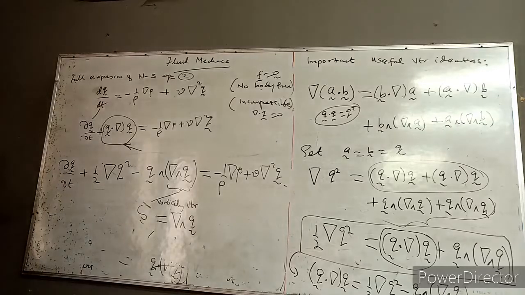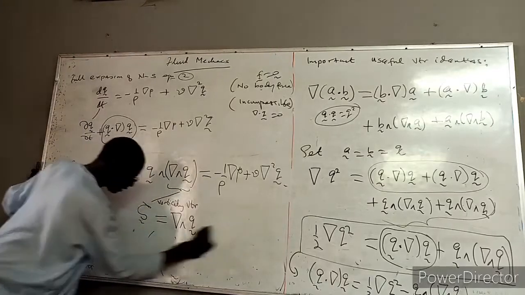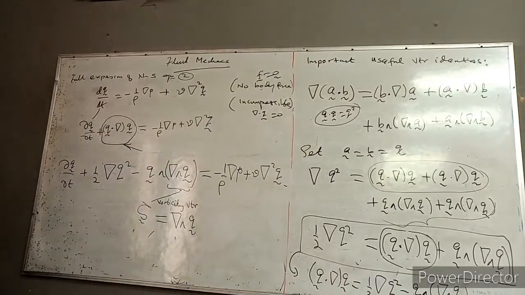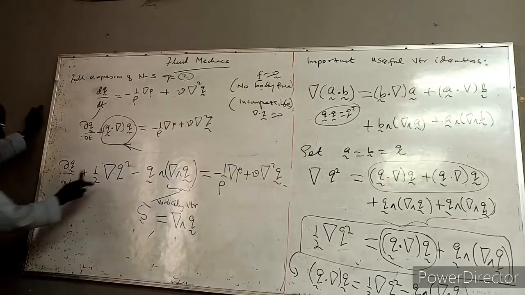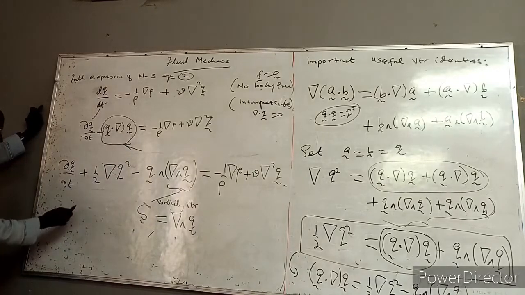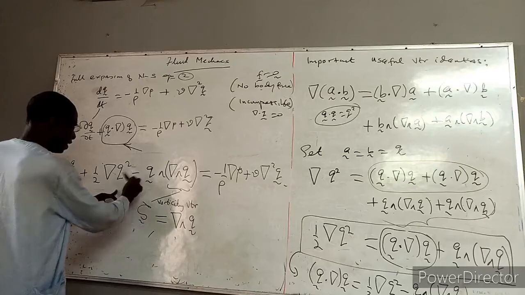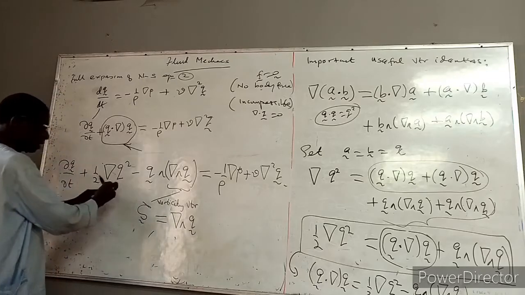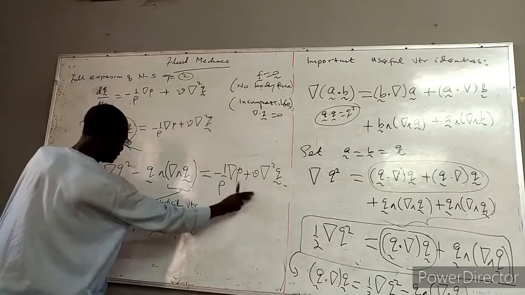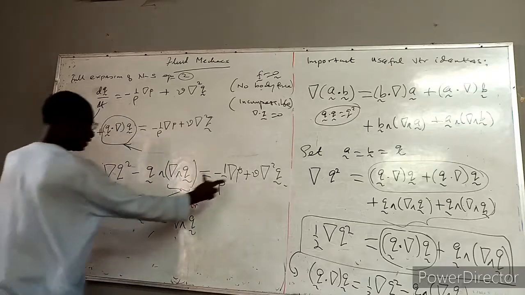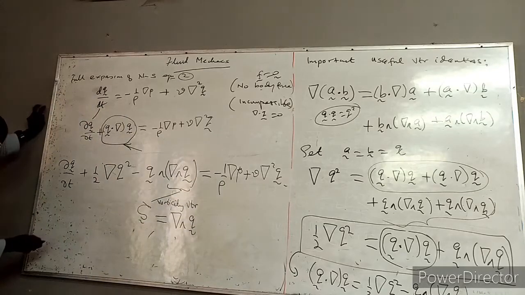So in that wise, our last equation can still further be rearranged, and it can now be written as well. I want to transfer this to join this, because there is grad there, there is grad there.